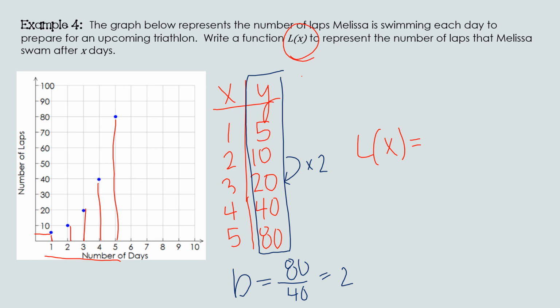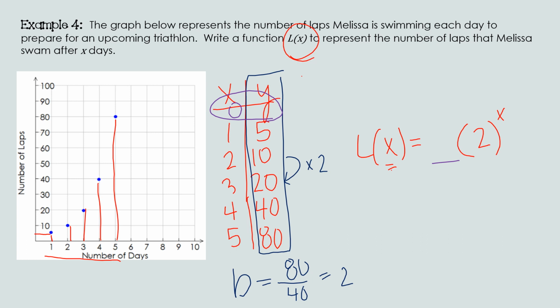Now, we need to be really careful when we're writing our equation. I know that the base is going to be 2. My input variable is x, so it will be 2 to the x power. But for my initial value, the initial value is not 5. The initial value is always going to be when x is 0, or my y-intercept. So in this case, I'm going to need to find it by working backwards.